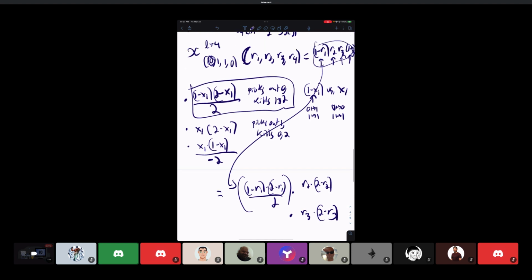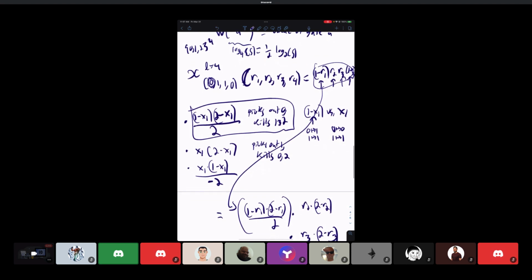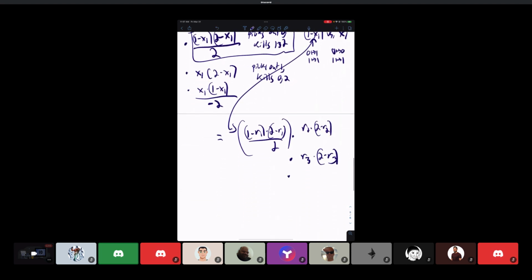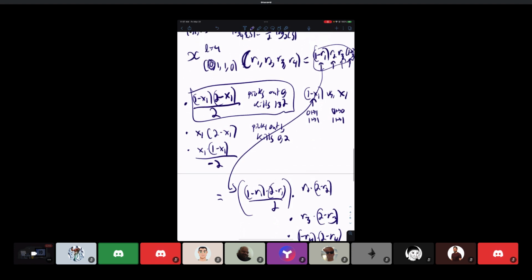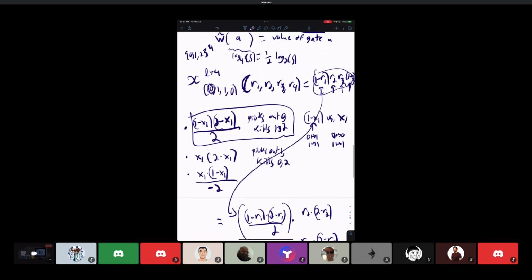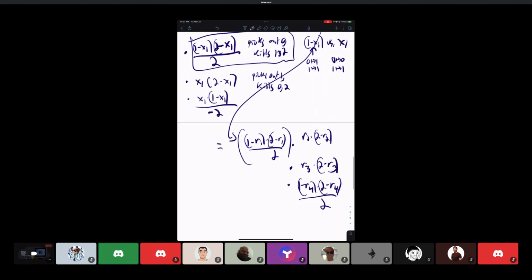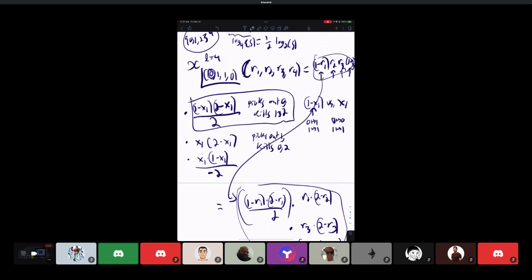And then we want to pick out 0 again for the fourth variable. 1 minus R4, 2 minus R4 over 2. Yeah, so if your interpolating set were 0, 1, 2 to the fourth, this would be the Lagrange basis polynomial that picks out this particular element of 0, 1, 2 to the fourth.